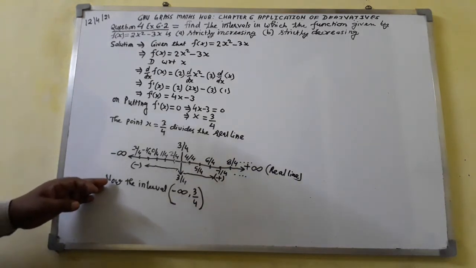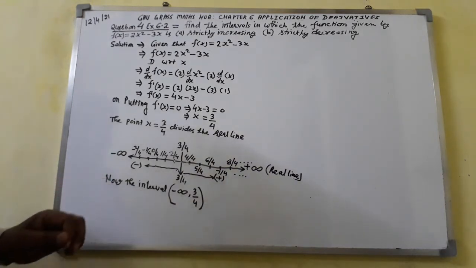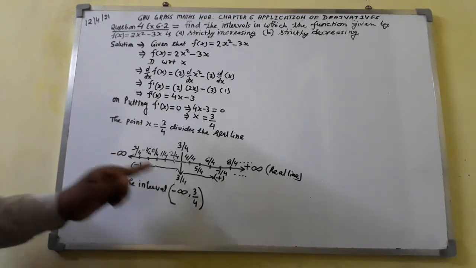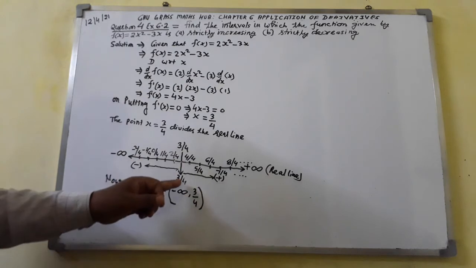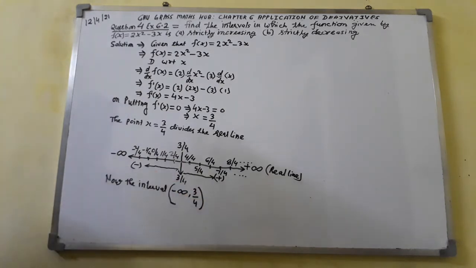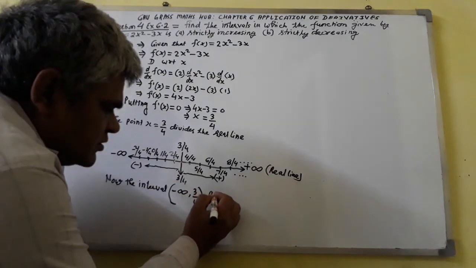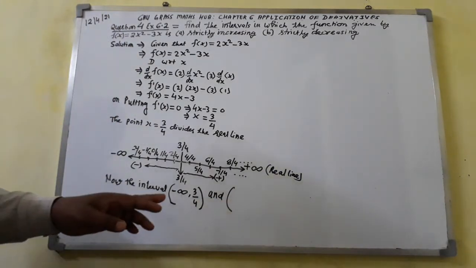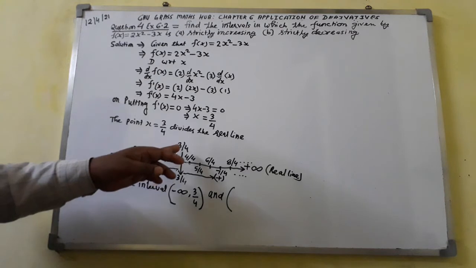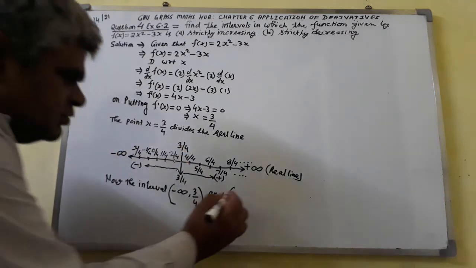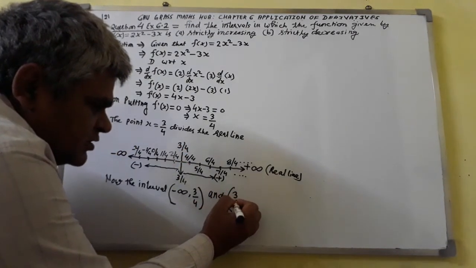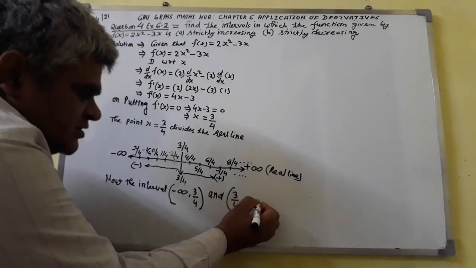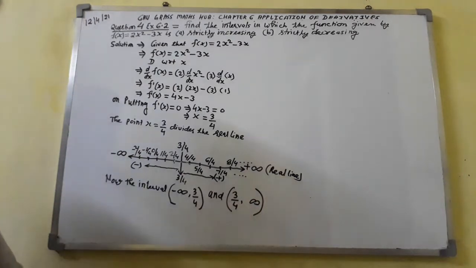We have got two distinct intervals: the open interval minus infinity comma 3 over 4, and the open interval 3 over 4 comma infinity.